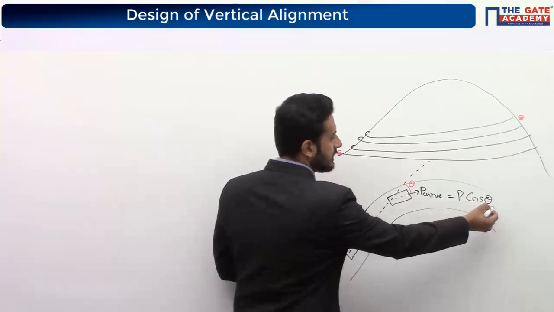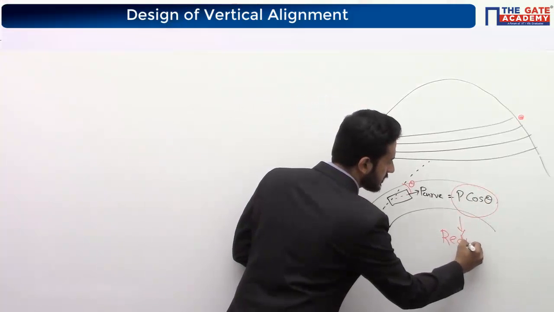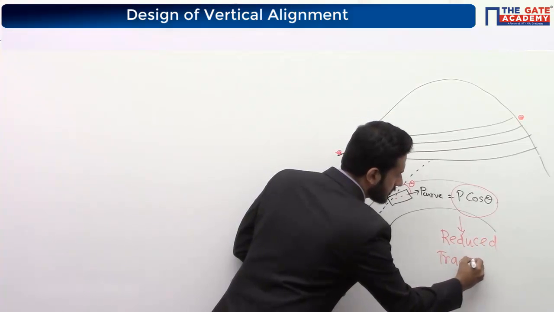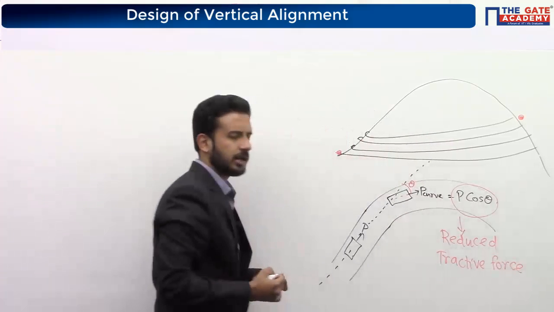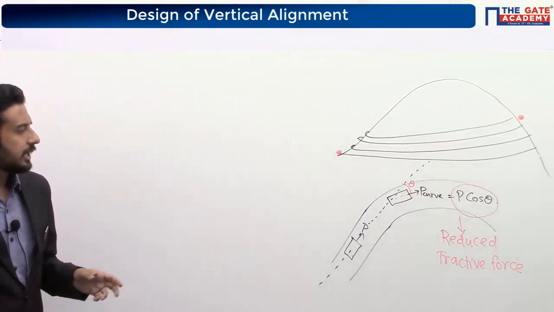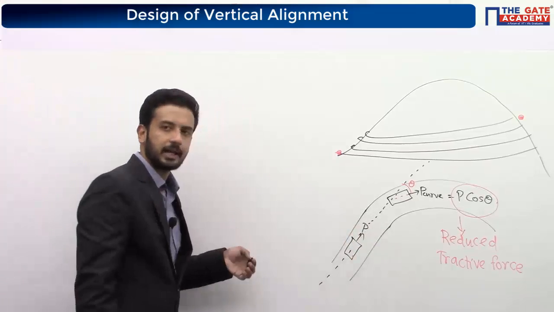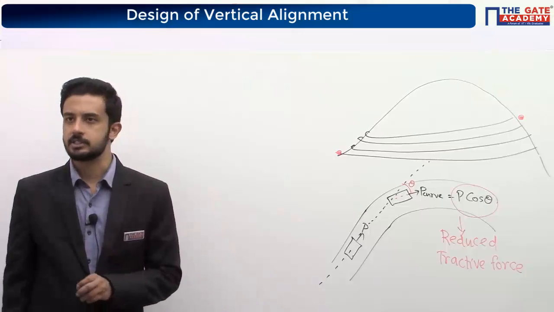And this is what? This is some reduced pulling force or reduced tractive force. You can also note down these things on the side or somewhere just for your understanding. This was the original pulling force or tractive force, but on the curve some reduced tractive force is there.